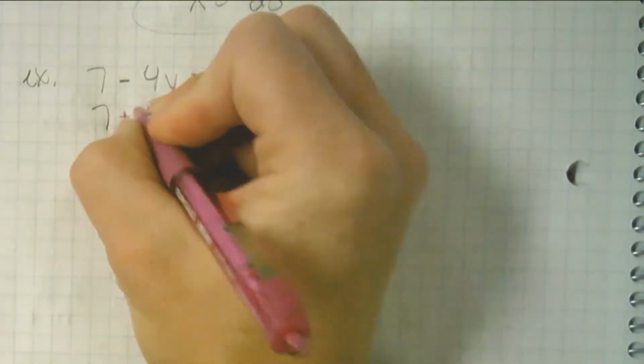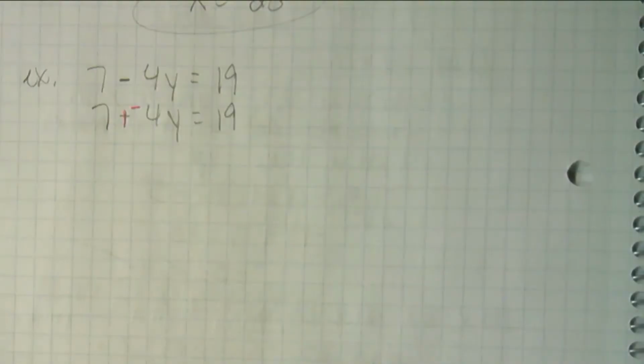Brendan? Add the opposite. Excellent. This one looks a little different than the other ones we've had, because we have 7 plus a negative 4y. The goal, remember, is still the same. I want to get that variable term alone. What am I going to do here to get the variable term alone? Ada, what am I going to do?